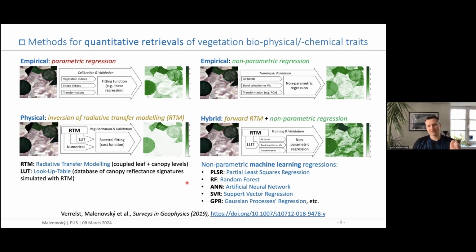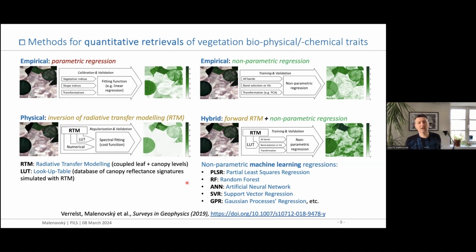Finally, the last type, which we use mostly in optical remote sensing, is a combination of the forward radiative transfer modeling and non-parametric regression, where the forward RTMs are producing so-called labeled data, and then we train on those labeled lookup tables, a database of canopy reflectance signatures simulated for many potential scenarios, the non-parametric function or machine learning algorithm, let's say.